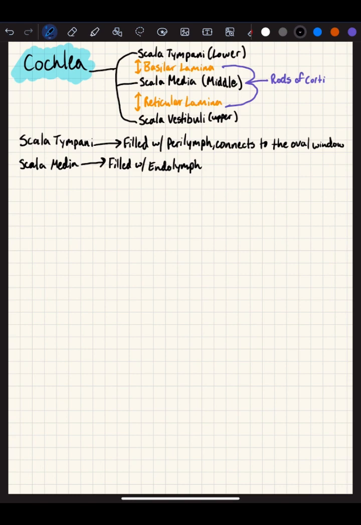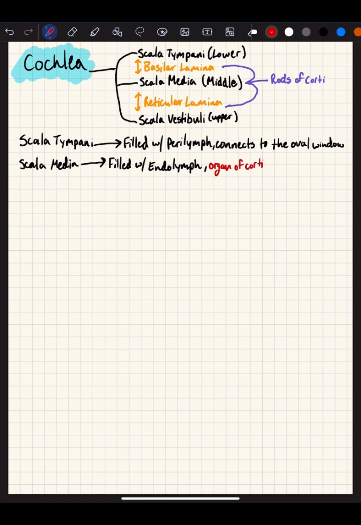You got to remember that. That's pretty significant. And the scala media houses the organ of Corti. I'm actually going to write this in red because the organ of Corti is pretty significant.